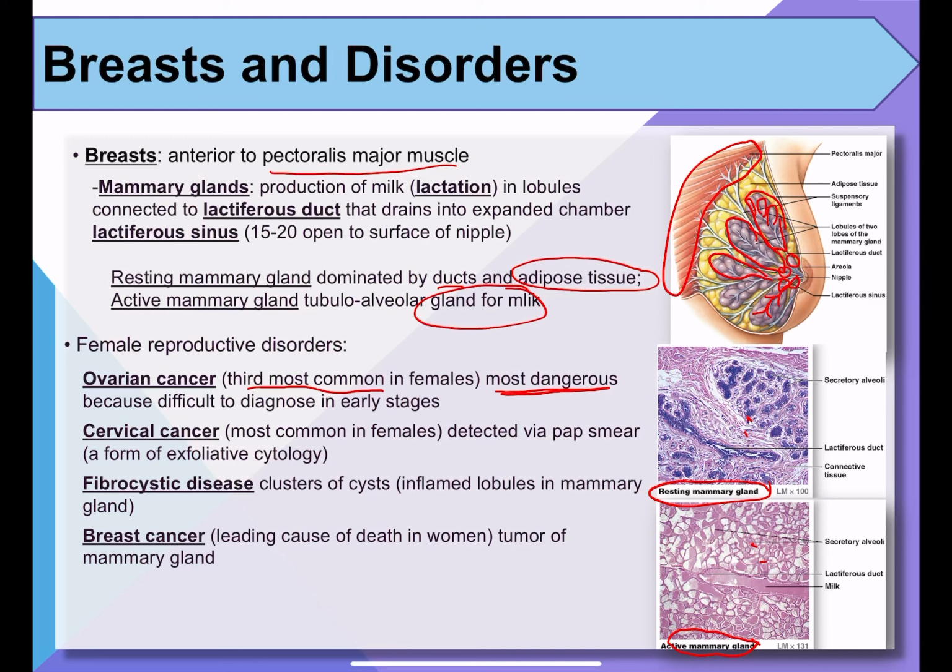Okay, the other most common type of cancer in females is cervical cancer. And this is why annually it is recommended that females do the procedure called pap smear.